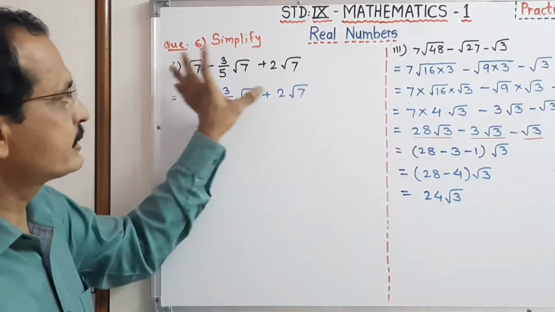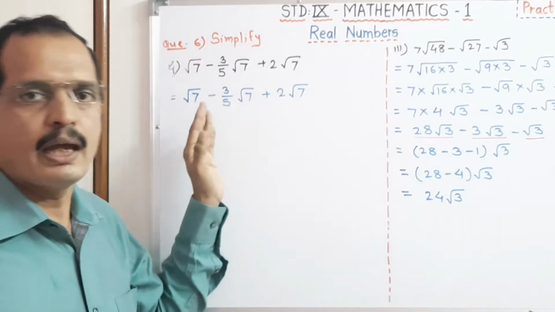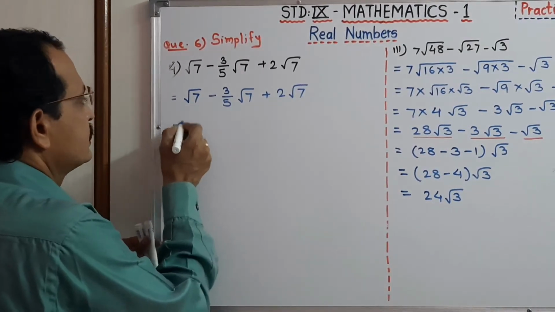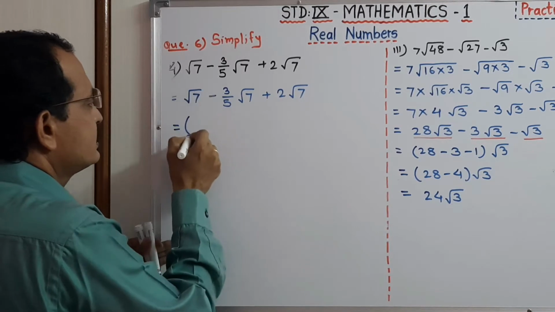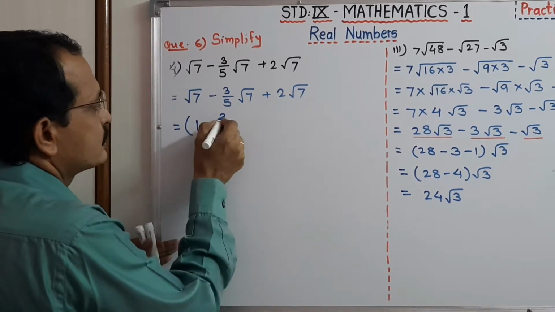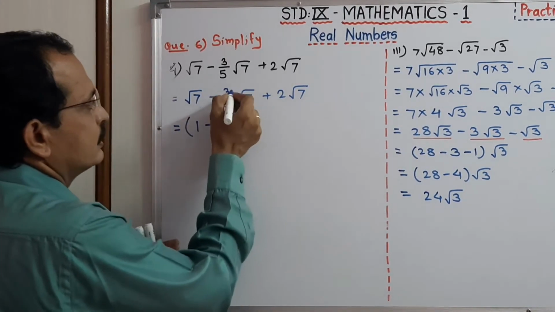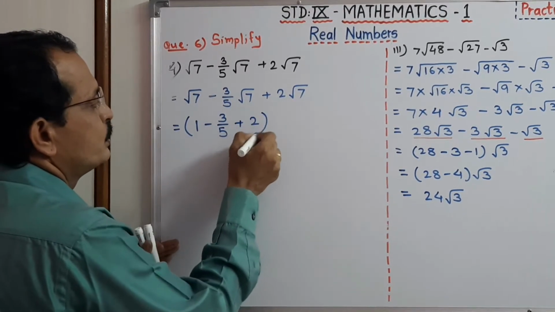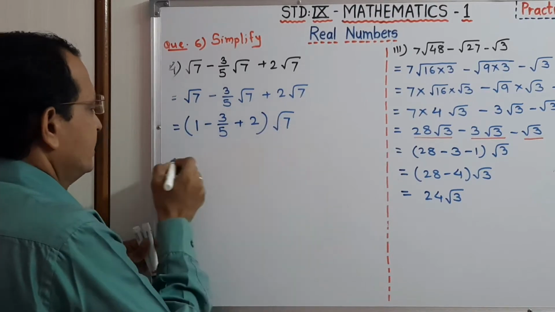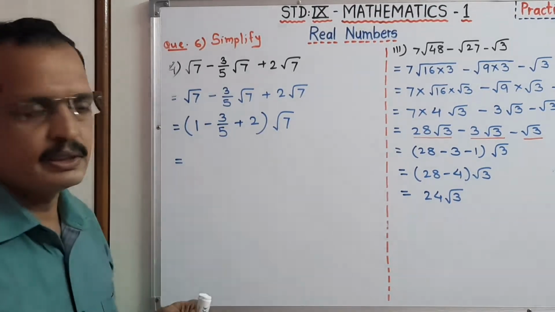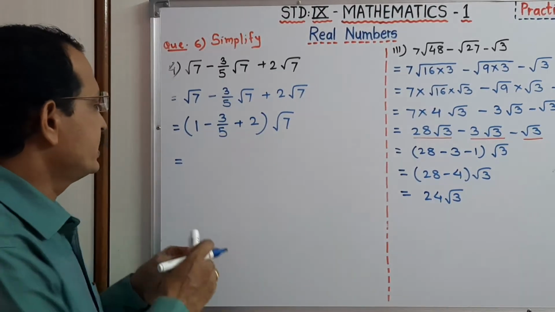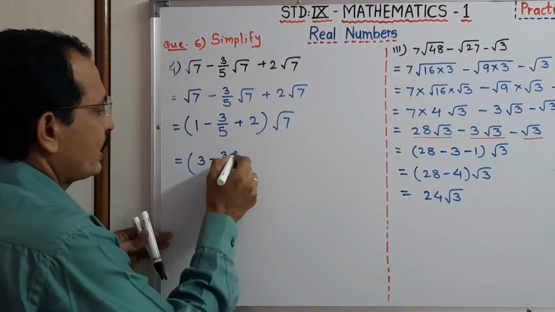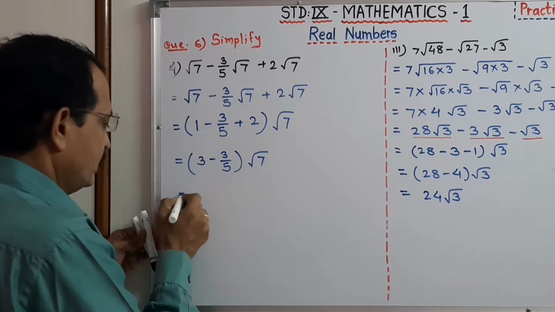All these are like surds, order are same and radicand are same, therefore we have to consider the factors. First factor of this is 1, minus, for this factor is 3 upon 5, plus it is 2 root 7. Now dear student, see here 1 plus 2 it is 3. 3 minus 3 upon 5 root 7.